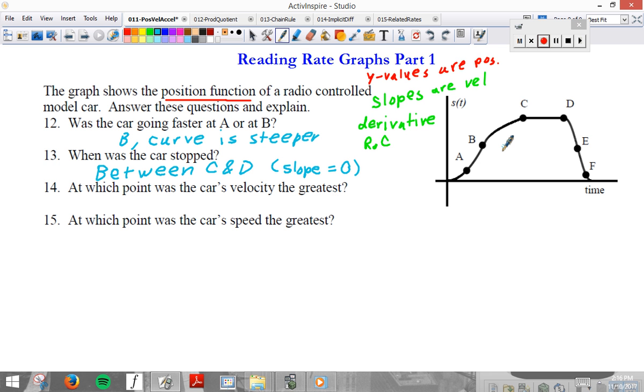So the slope is 0. You could also say because the position is constant, and that's also what it means to be at rest. We're not moving one way or the other.